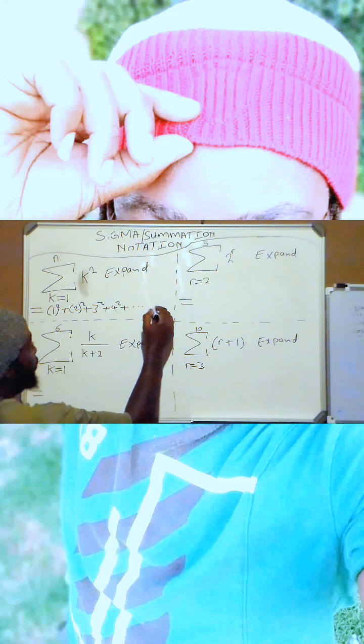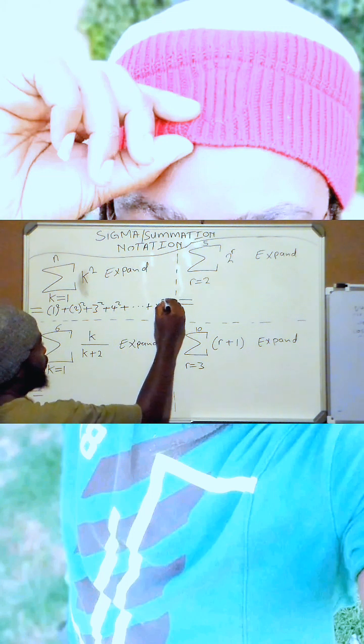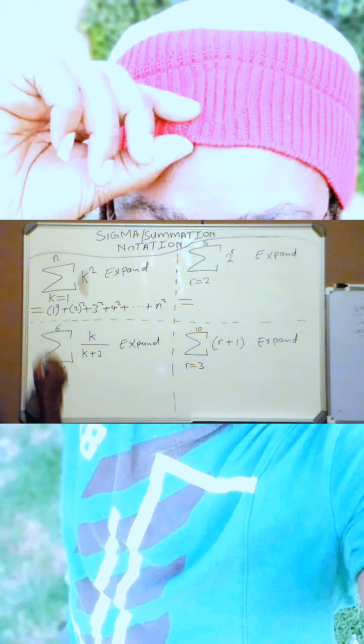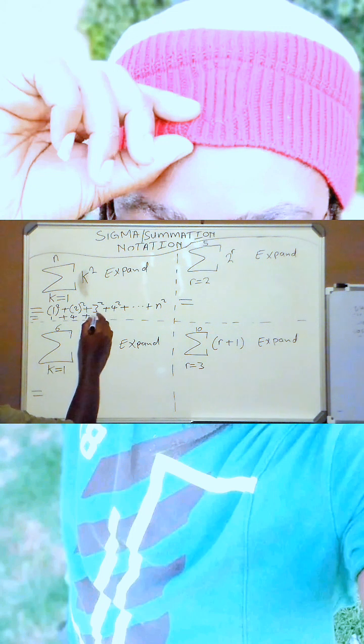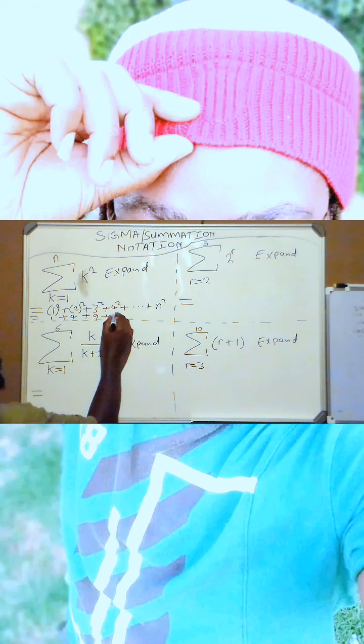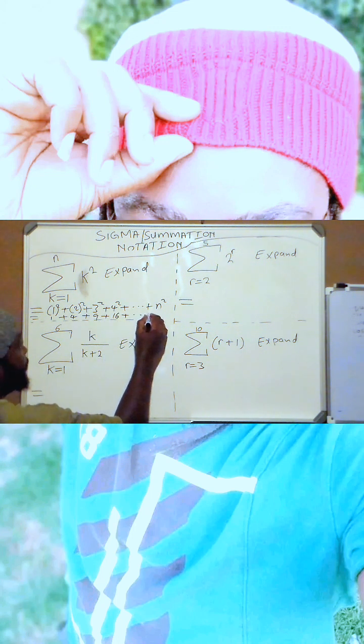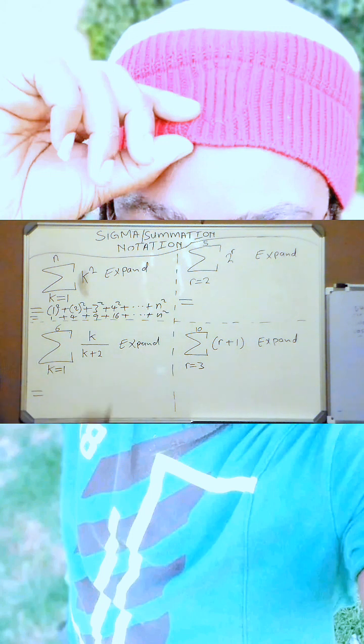This will go all the way to the nth term, which is n squared. So you can simplify this. This is 1 plus 4 plus 9 plus 16 plus all the way to n squared. So this is what it means to expand from the given sigma notation.